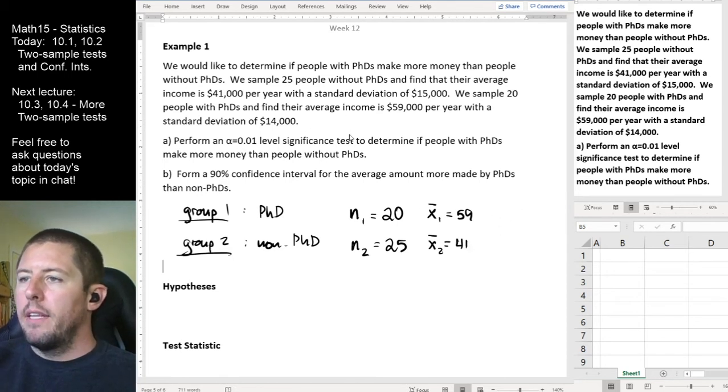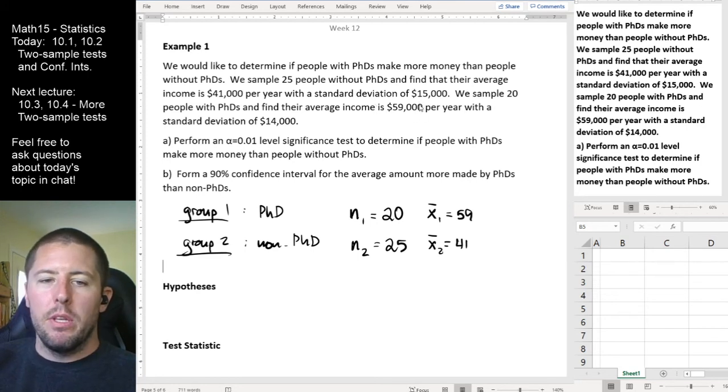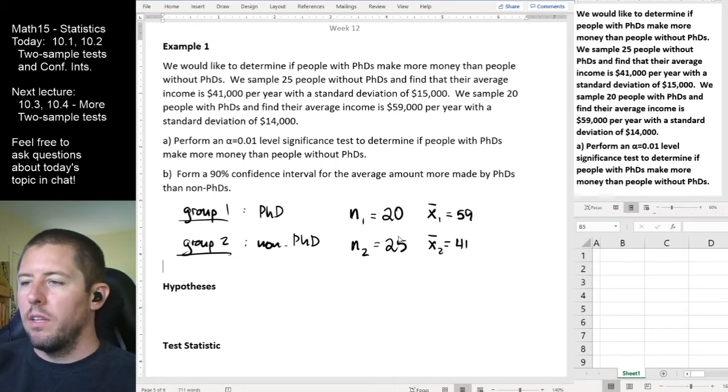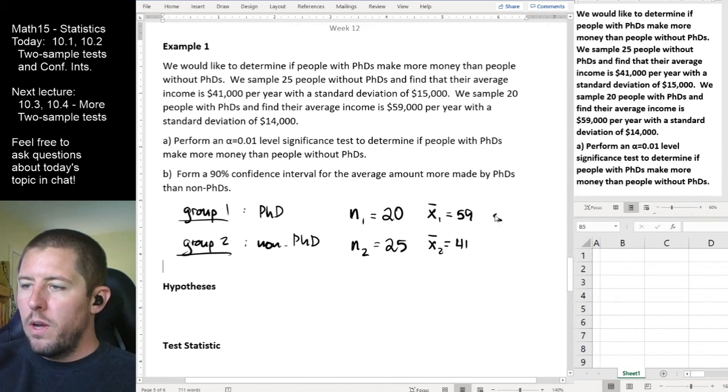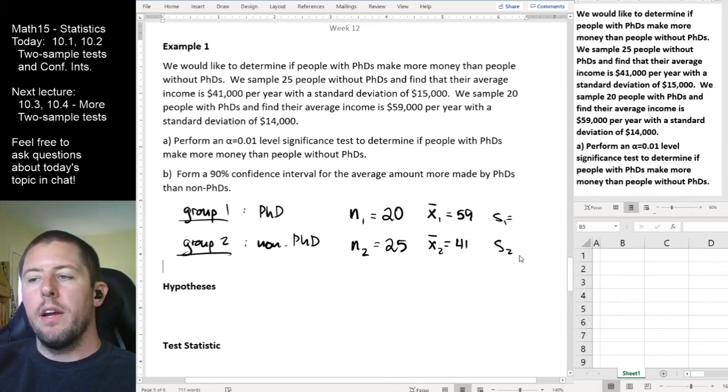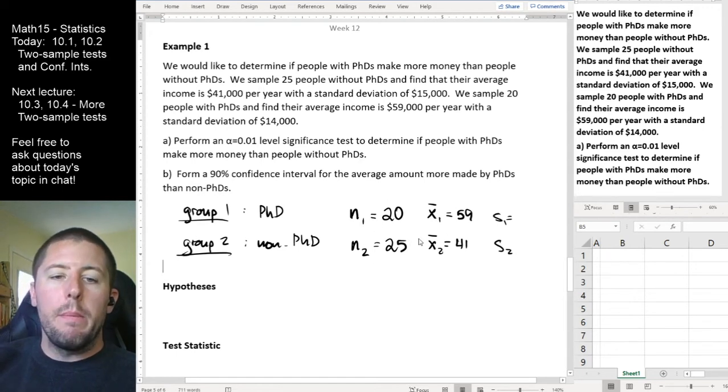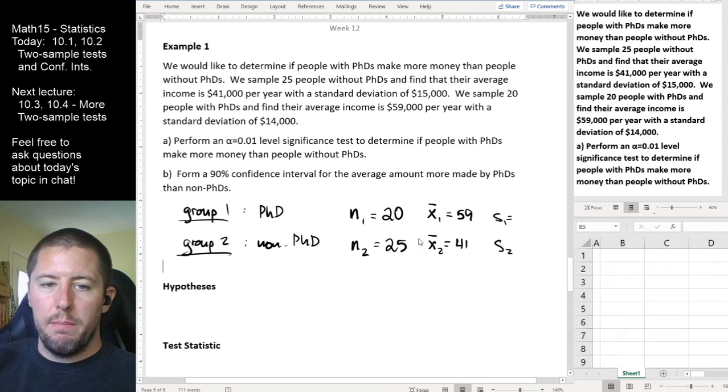And finally, it looks like we were given some standard deviations here. And notice that in this case, it does look like we were given these sample standard deviations, but because our collective sample size is greater than 30, we're still going to be okay to use a z distribution to compute our probabilities here. It's going to save us a little bit of effort here. So I do want to identify that these are S1 and S2, but I will say here that because N1 plus N2 is greater than 30, we're going to be okay to use a z distribution to compute our information.